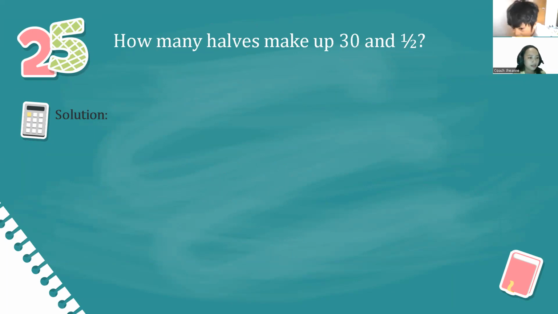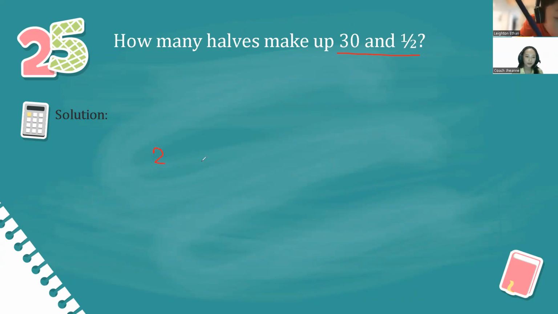Number 25. How many halves make up 30 and 1/2? Okay. Let us note that it is 30 and 1/2. So how many halves are there in a 1? It's 2. All right.